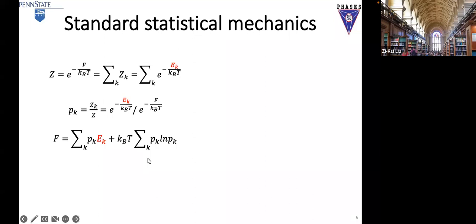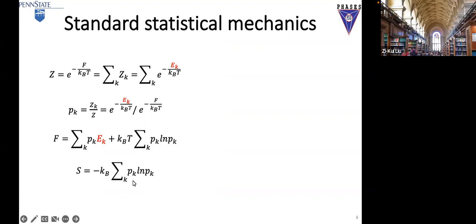And if you go one step further, you get the entropy. The entropy of the system is equal to minus k_B summation of P_K log P_K. So that's basically standard statistical mechanics, which Nanda showed in his book in the 1930s, 40s. We use this all the time, in all the textbooks and all the publications.